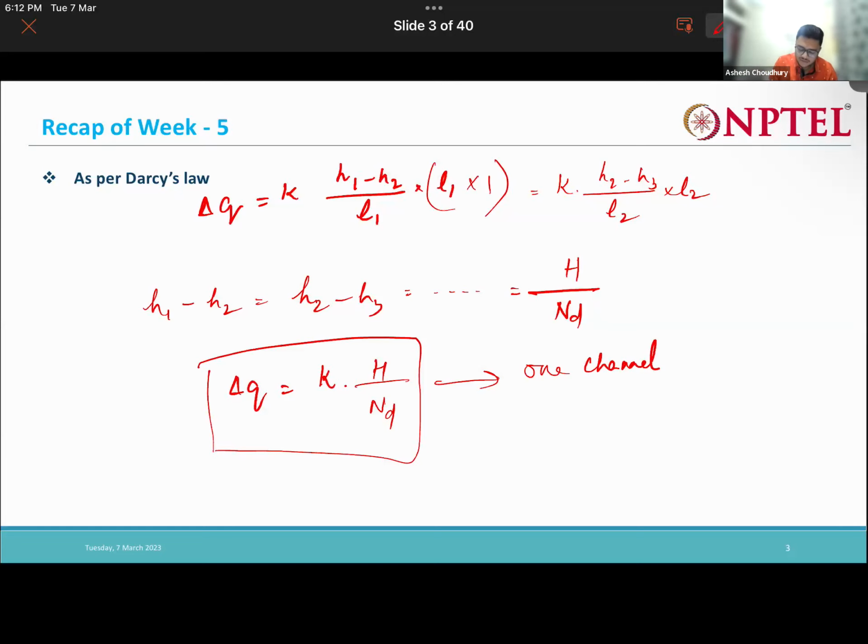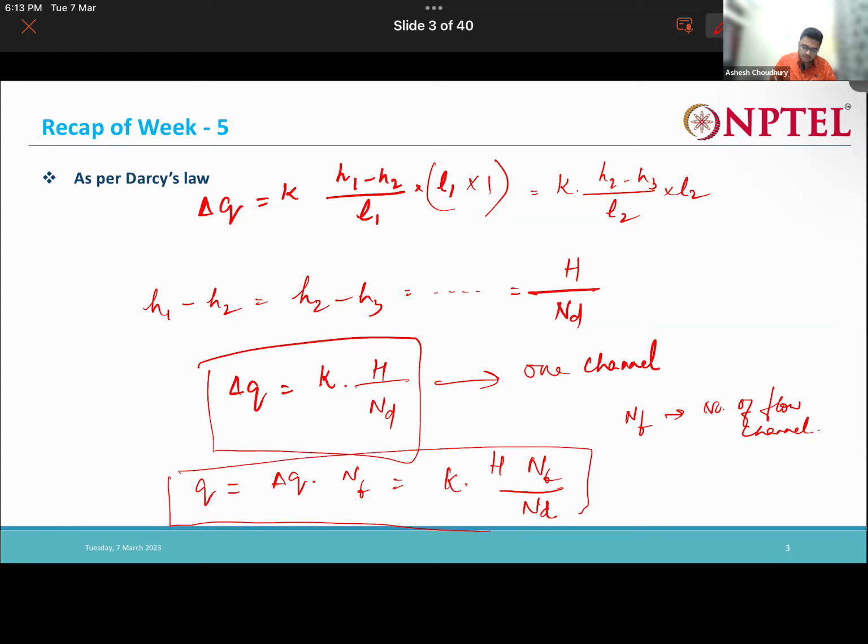If NF is the number of flow channels, the total flow that is occurring per unit length will be nothing but del Q into NF, that is, K H NF by ND. So this is the total flow that is occurring per unit length of the structure.